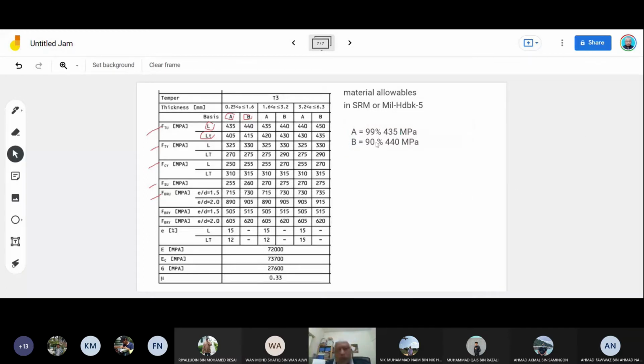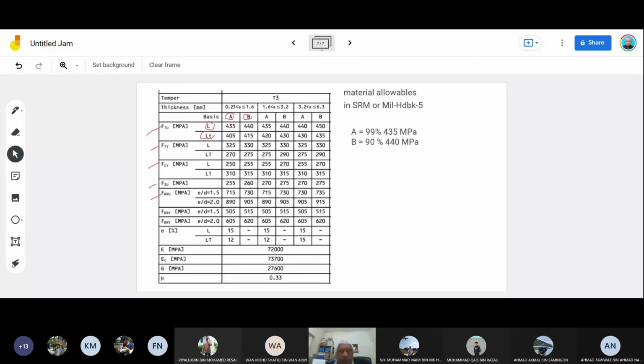So if you want to be conservative, you use A, because many times when they did the test, they got this 435. And if you are working on primary structure, yes, you must use this value because this is more conservative. However, if you are working on secondary structure, you may use 440 because that's less conservative, and secondary structure may be less critical than primary structure.